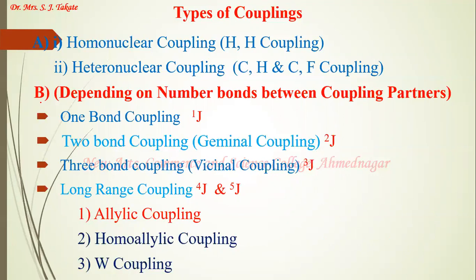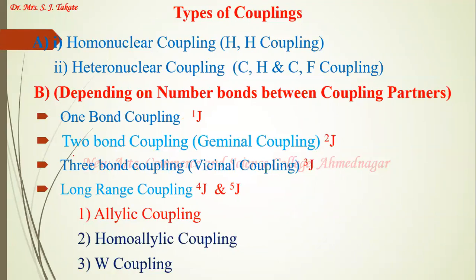The second way is depending on the number of bonds between the coupling partners. Based on this, we have four major groups of couplings. First one is one bond coupling, which is represented by J1. This indicates that this is a one bond coupling.